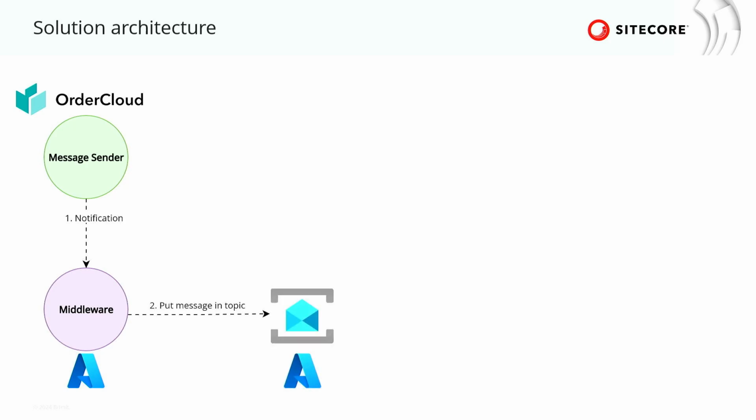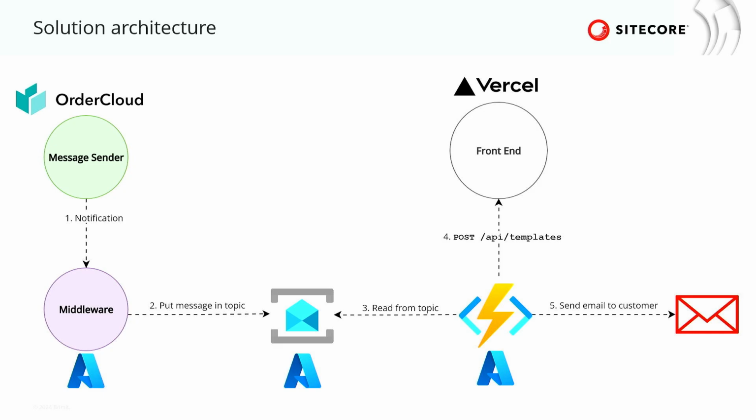Then we decided to use service bus and to put, not this exact notification, but a processed message in the topic. Then we have an Azure function which is configured to be triggered when a new message is in the topic of the service bus. And then all that logic happens. So we request the email template, render it, and send it to the customer.